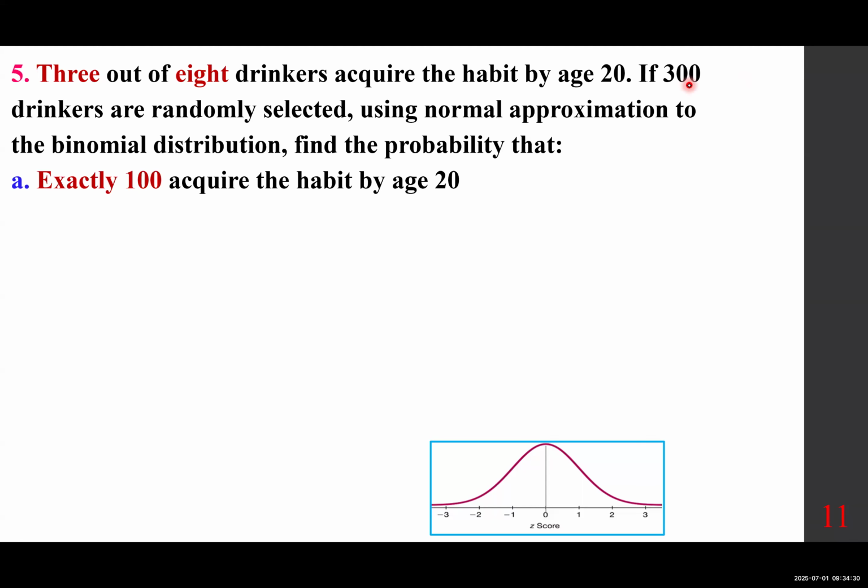Remember, probability of success doesn't necessarily mean something good. So 3 out of 8, so 3 over 8. So you have a binomial distribution, BD, with n 300, and 3 over 8 is the probability of acquiring the habit. Age 20 is a piece of information that doesn't enter the calculation.